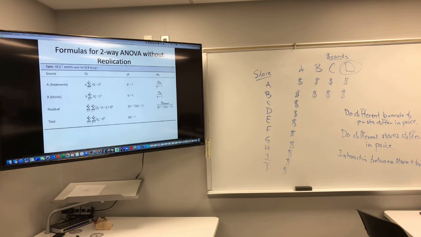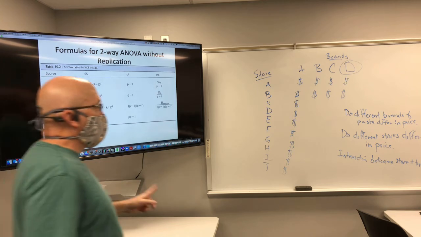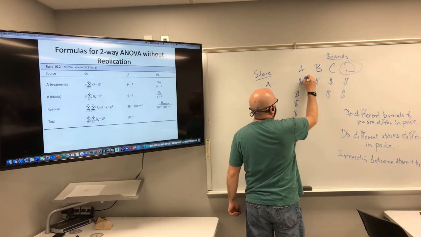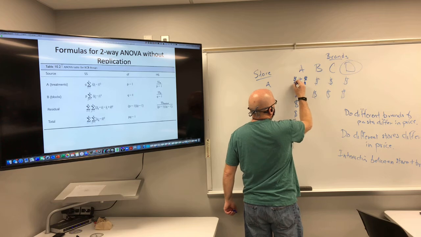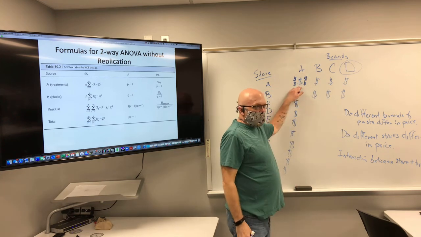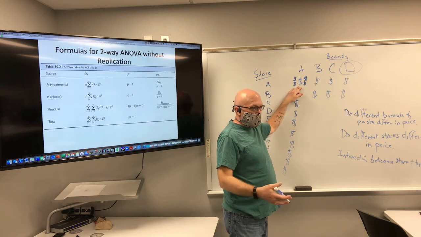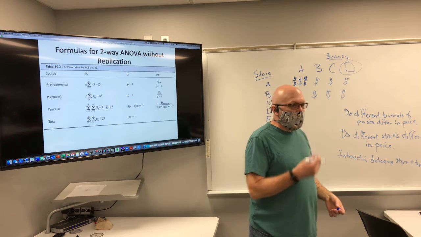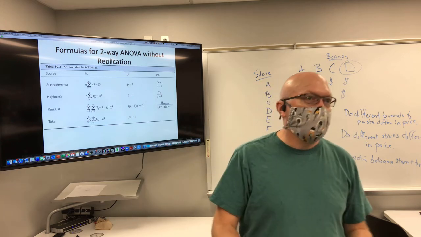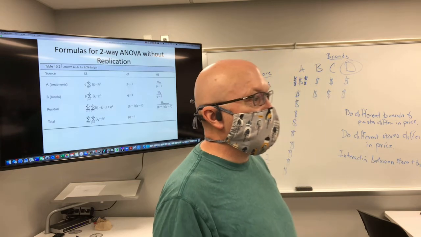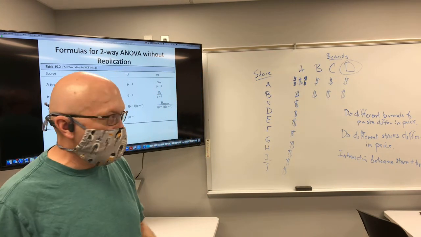The reason that there is no interaction term is because you don't have replication. If you had lots of observations of different prices of this brand in this store, then you would have degrees of freedom to test the interaction term. But you don't have any degrees of freedom to test the interaction term. So one of the things that you lose in doing a two-way analysis of variance without replication is the ability to test the interaction.